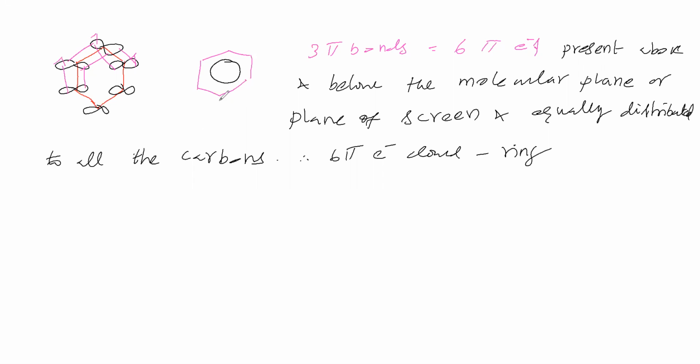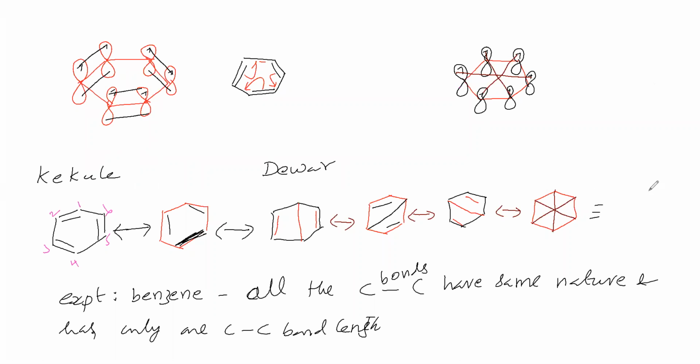No. Therefore, we can say this pi electron cloud is delocalized. Delocalized means not localized, not particularly between two carbons. So this we have to call a delocalized pi electron cloud. So how to represent this delocalized pi electron cloud we will see.